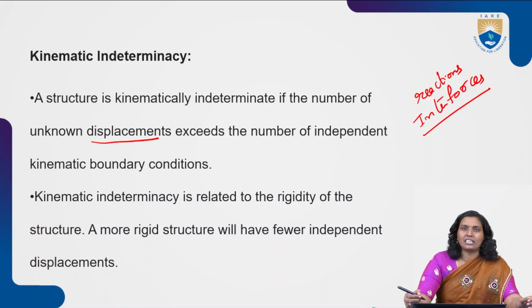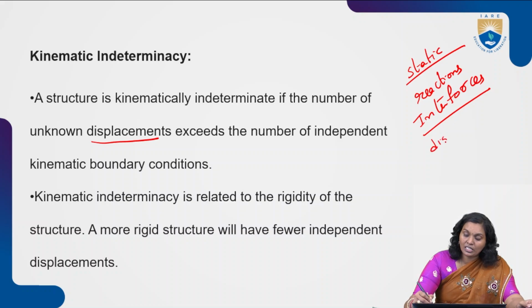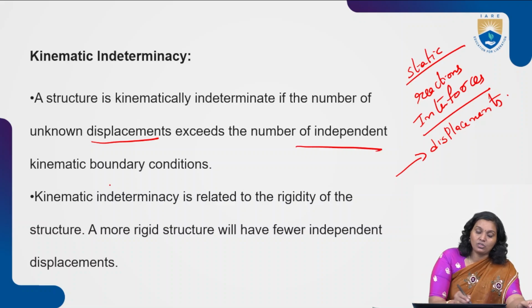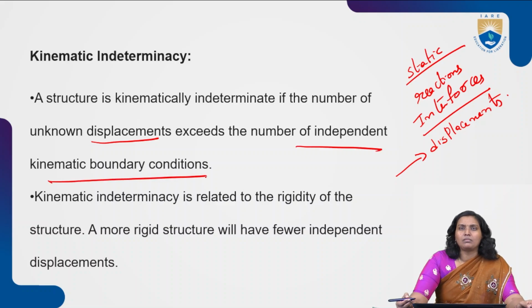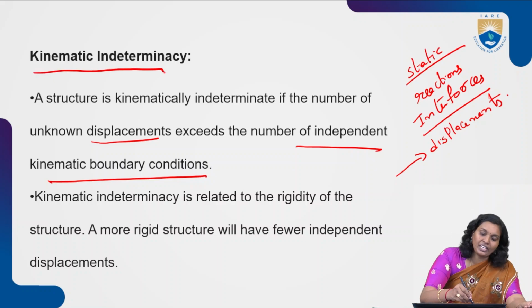Coming to the kinematic indeterminacies, when the number of unknown displacements exceeds the number of independent kinematic boundary conditions, such indeterminacy of structures is known as kinematic indeterminacy.